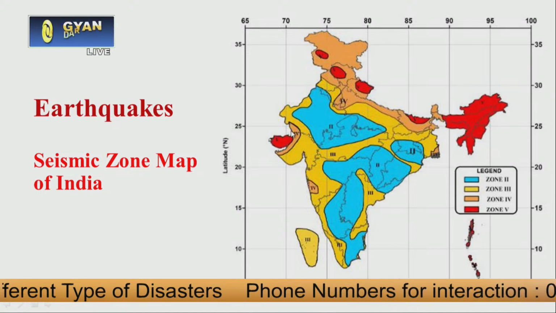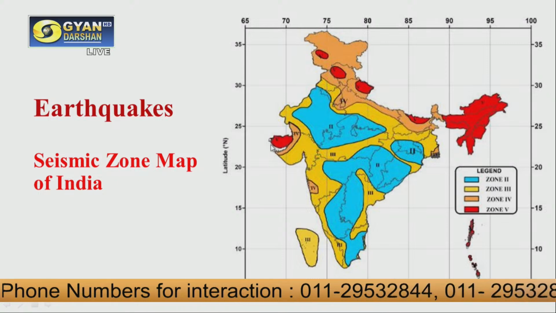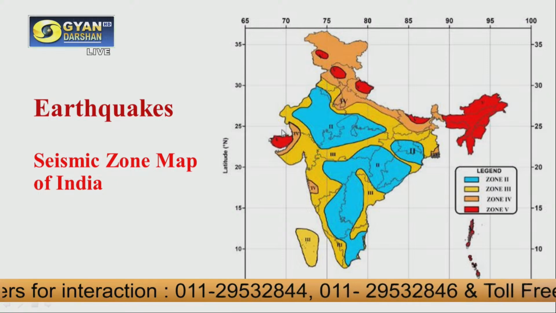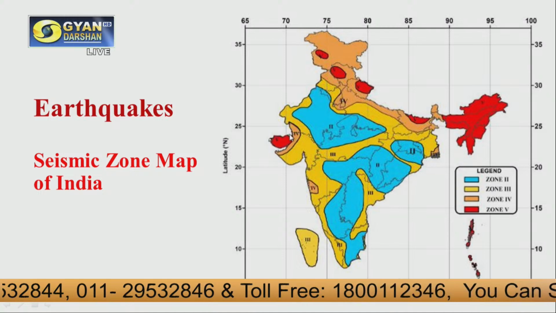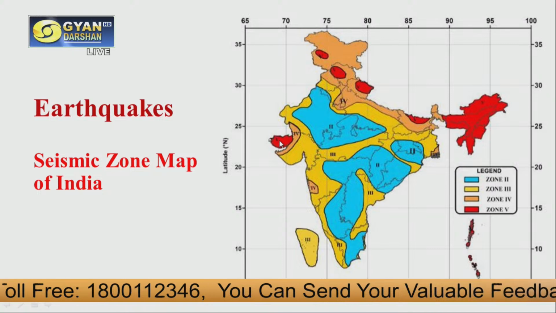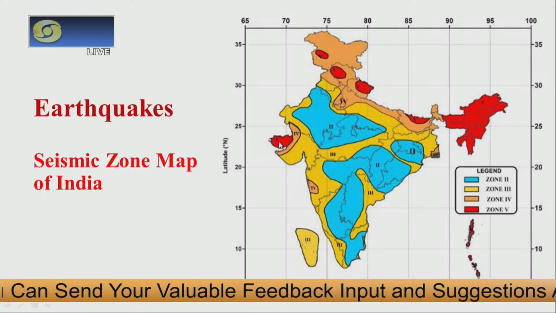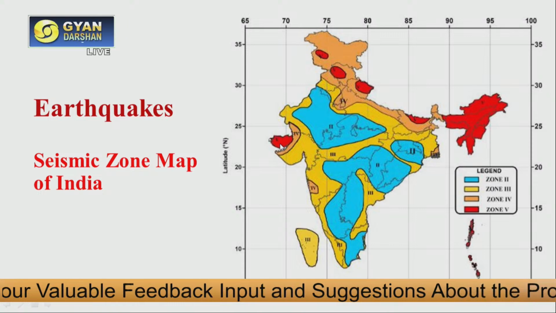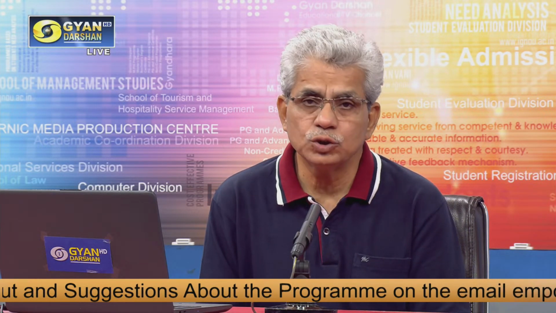And here you see Gujarat. This is the Kutch region, where the 2001 earthquake occurred. Earlier this region was in zone 4, but because of the severity of the Bhuj earthquake, it has now been put into zone 5. Means it is the highest risk zone in the country.